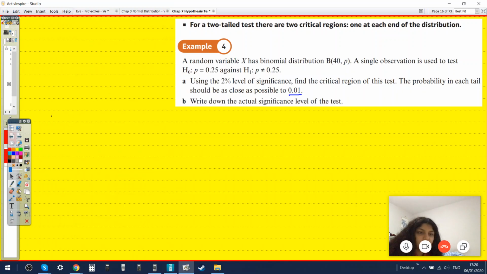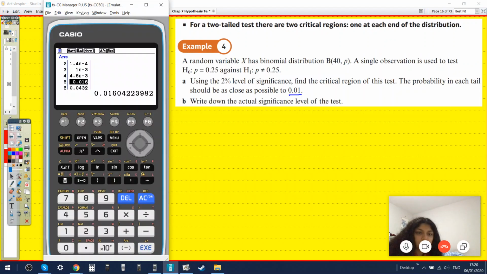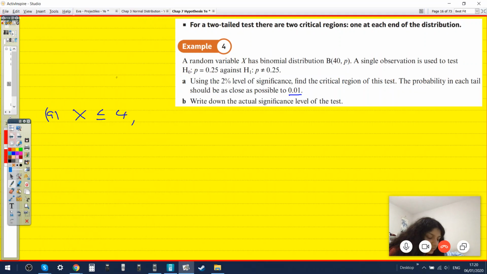Sorry, so that's one tail. How about the other end? Oh, it has to be like 0.99. Yep. So it's x is less than or equal to 17.